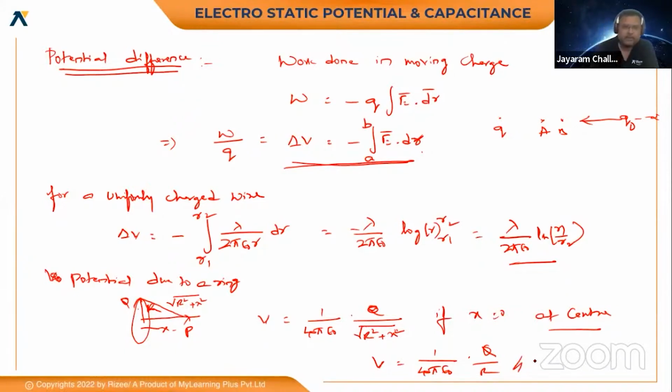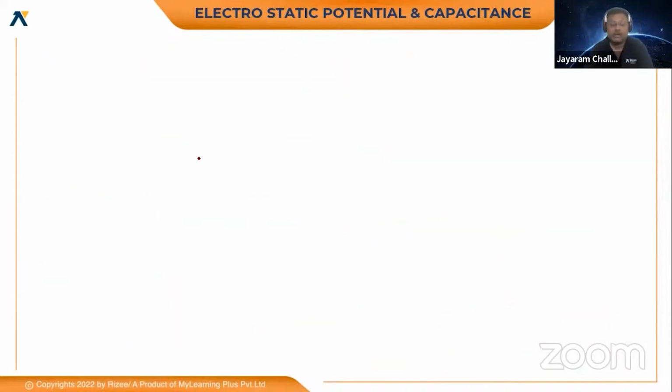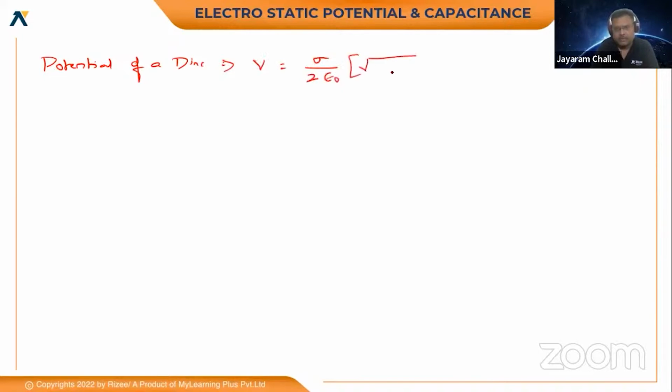So similarly, you can also find the potential of a disk. The potential of a disk will be derived, or V is equal to sigma by 2 epsilon naught of root over r square plus x square minus x.